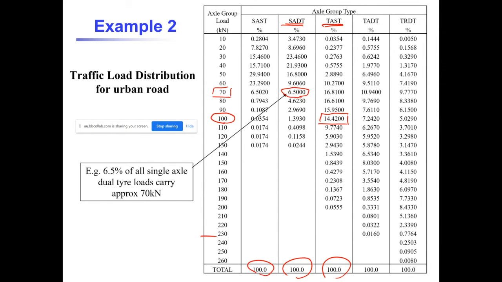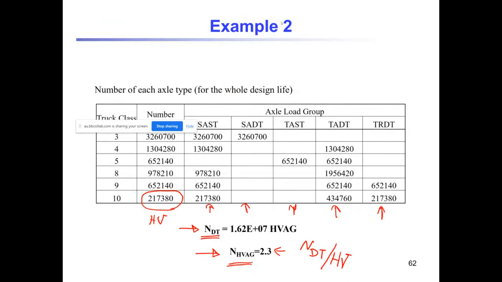Now the thing we can do is that we know how many single axle dual tires we have, right? For example, for single axle dual tire, the number passing through the road during the design life is 3,260,700.